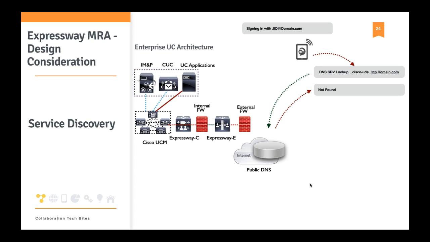Because you are on the internet, this is actually the internal DNS SRV record. So _cisco-uds is an internal DNS SRV record that should only be populated within the enterprise architecture, by the internal DNS server.